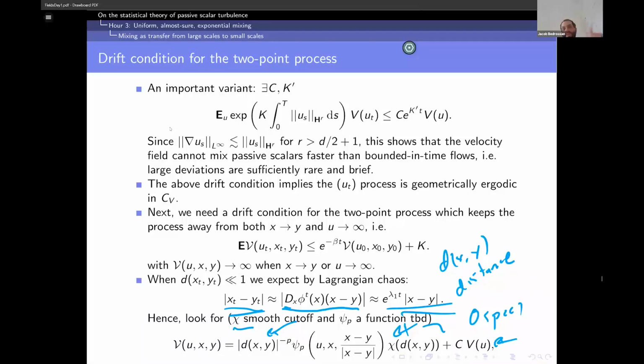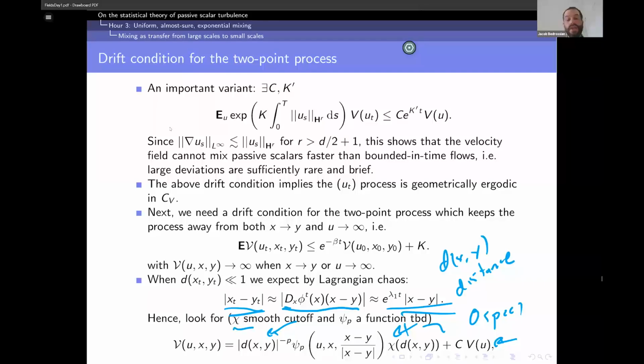For example, when they align on the stable manifold, they're going to come really close together, or when they align on the unstable manifold, they're going to have some other behavior. So you need something that keeps track of the directions, and this psi p is the function that will do that, in a sense.